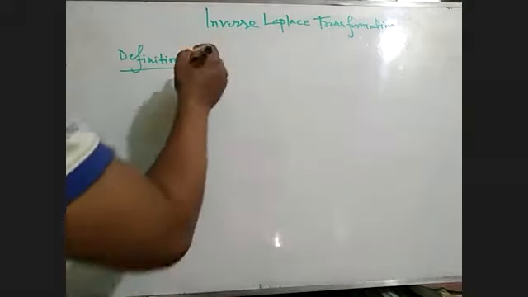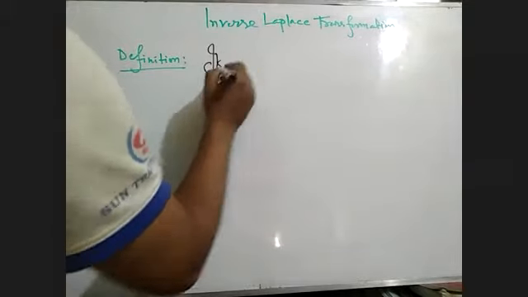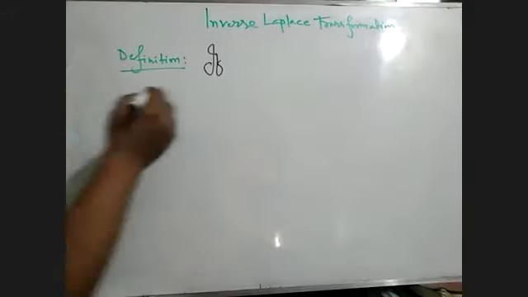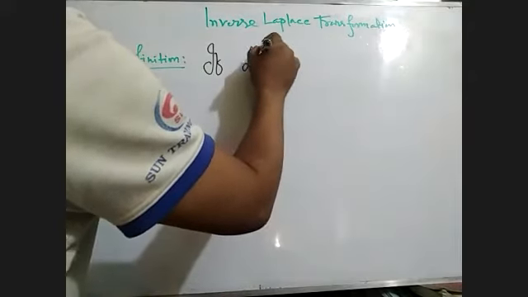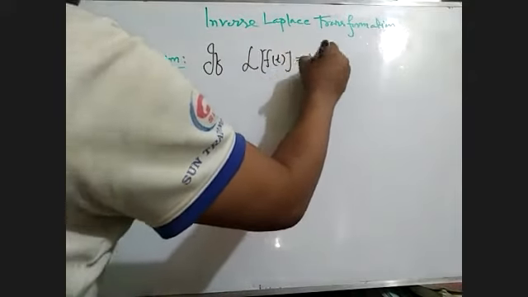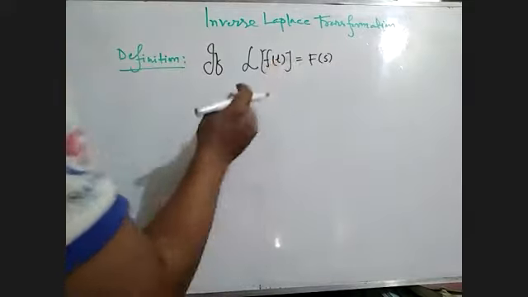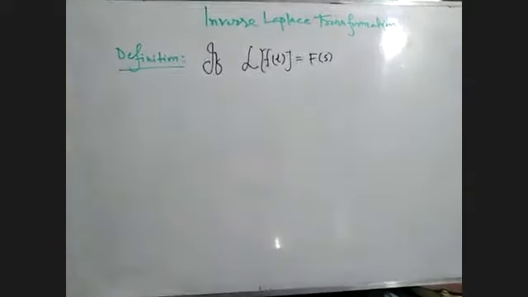So, if the Laplace transformation of the original function f of t equals F of s, so this F of s is the transformed function.